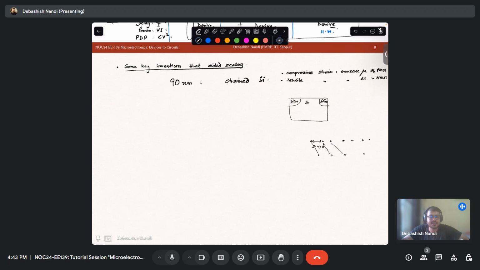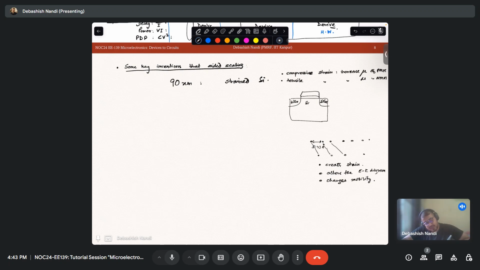That alters the E-k diagram and changes the mobility. Okay, this is what was done for the PMOS case.